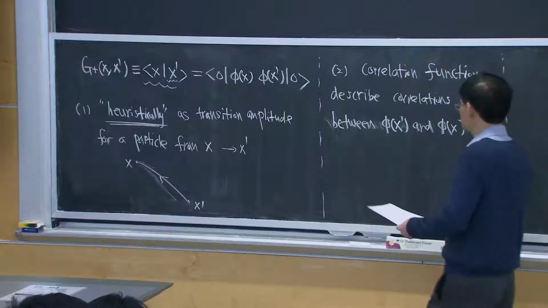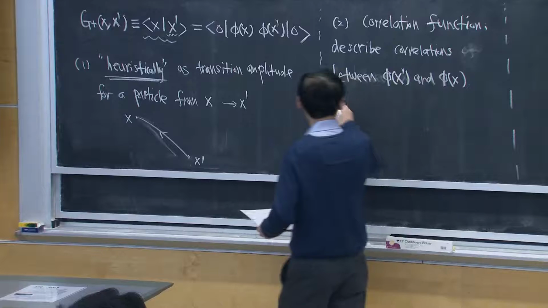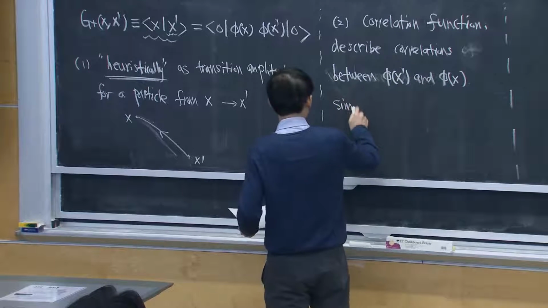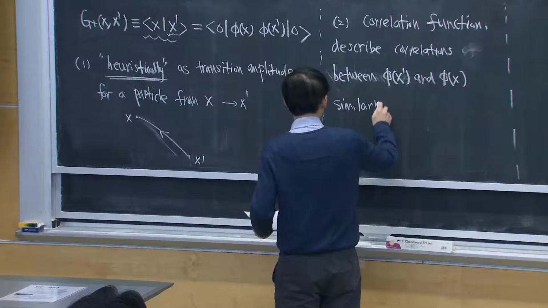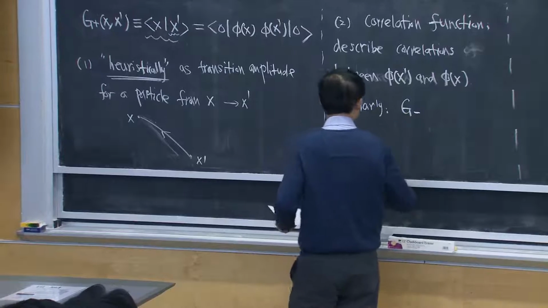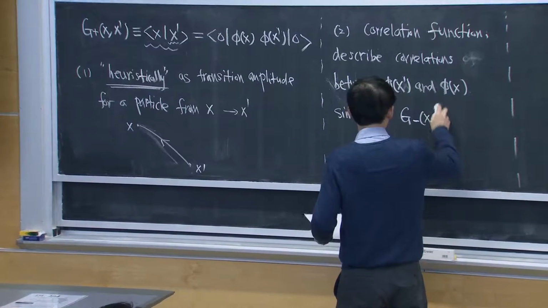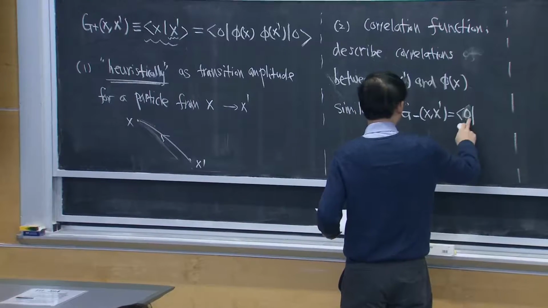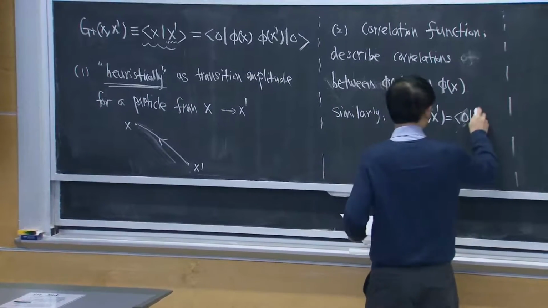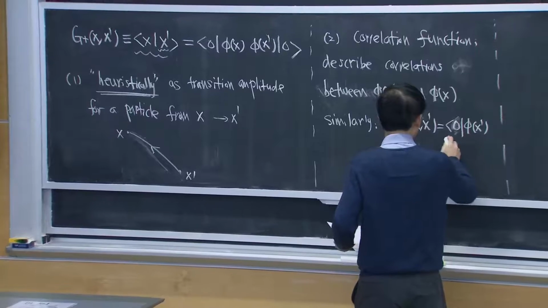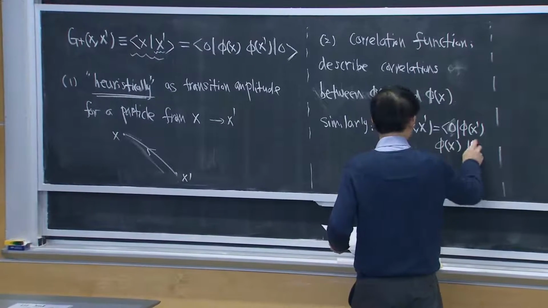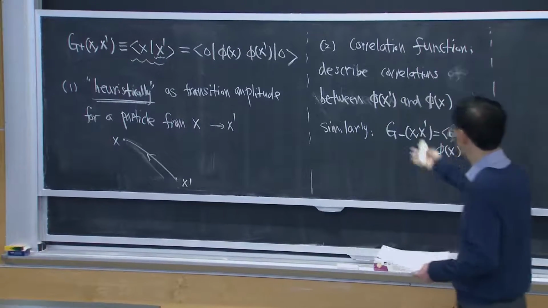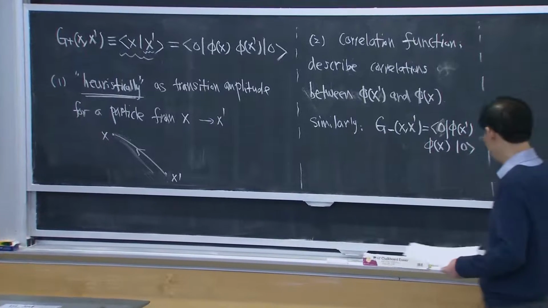Okay, so similarly, the G minus, which is defined in the opposite order, also has two interpretations.